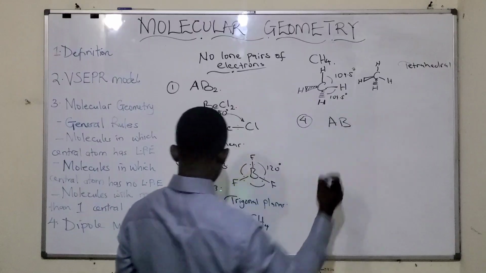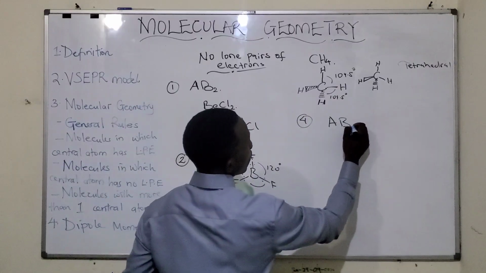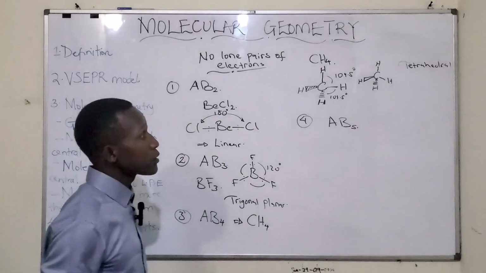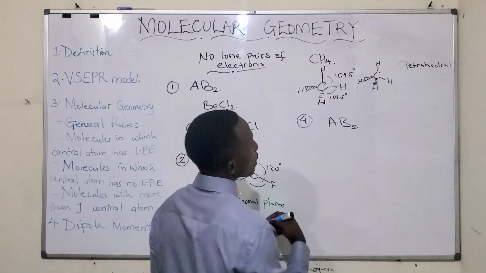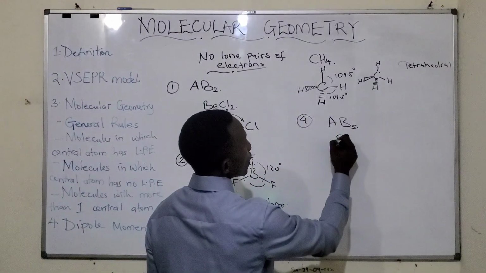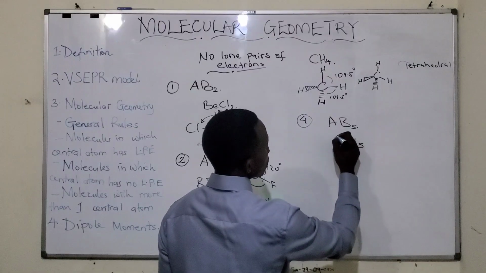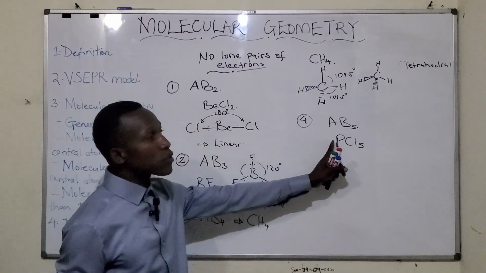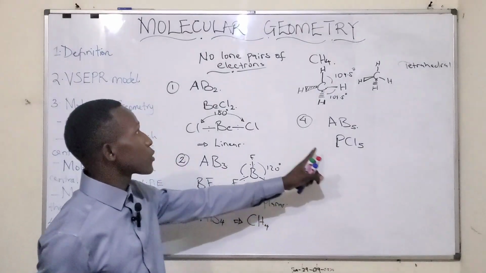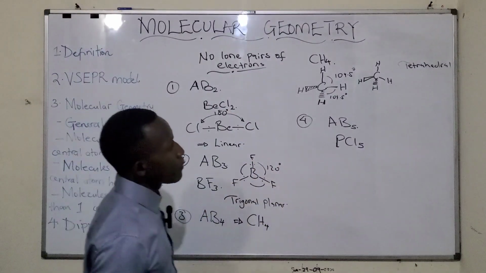Let's have, if an atom is attached to 5 other atoms. An example can be phosphorus pentachloride. So the central atom has no lone pairs of electrons, as with these ones.